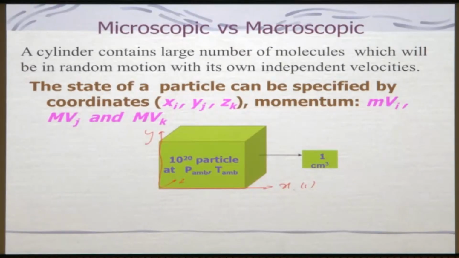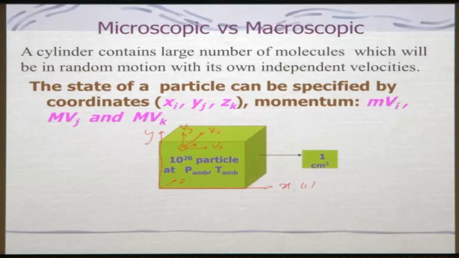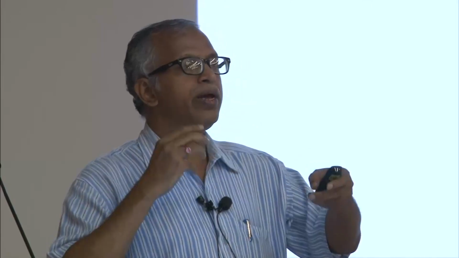If there is a molecule, let us say here, it has a velocity in the x direction, v x, or it can be v y, and it can be in the v z direction, right. And then you will also have to look at the momentum. The momentum can be m v x i, m v y j and m v z k, with unit vectors i, j, k, and you will be talking about the change in the momentum and other things.